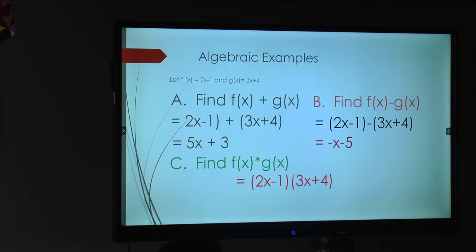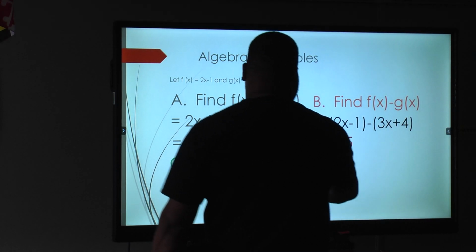So here, we're going to factor them. Factor means parentheses. Remember, we solved it by doing our box method or FOIL. So I have parentheses 2x minus 1, parentheses 3x plus 4. This is where some people like to do FOIL: first, outer, inner, last.